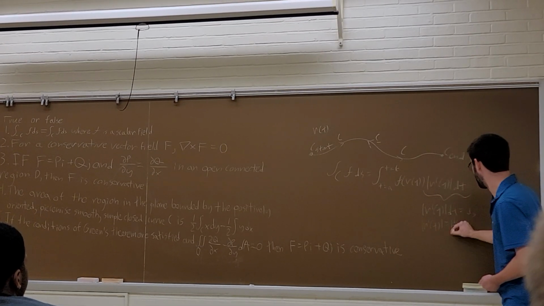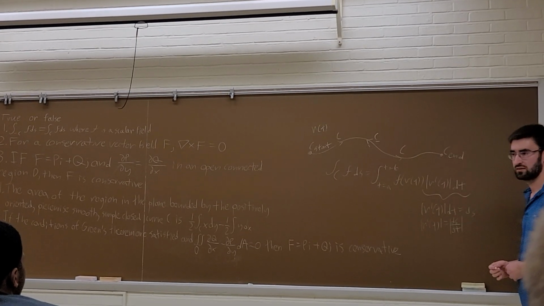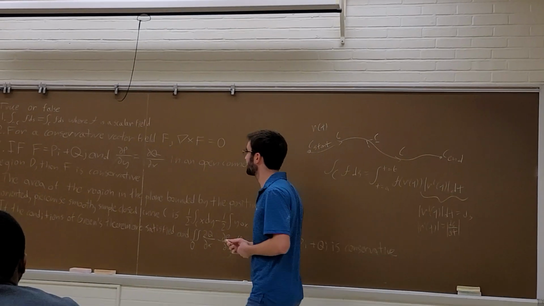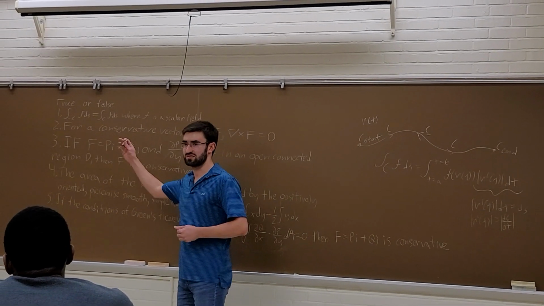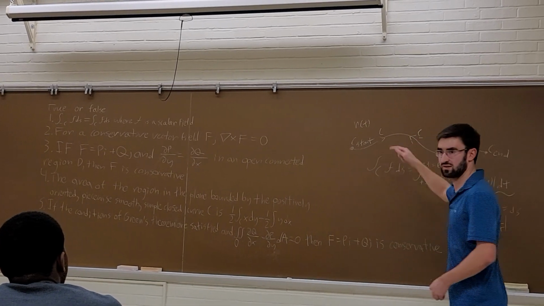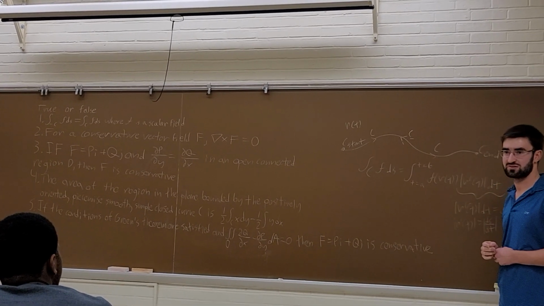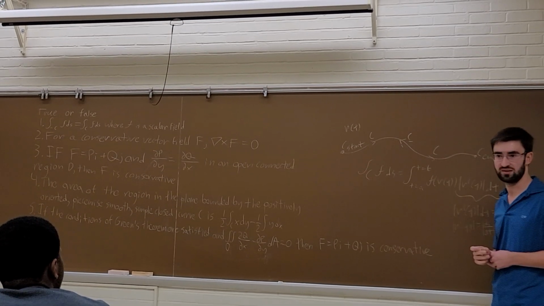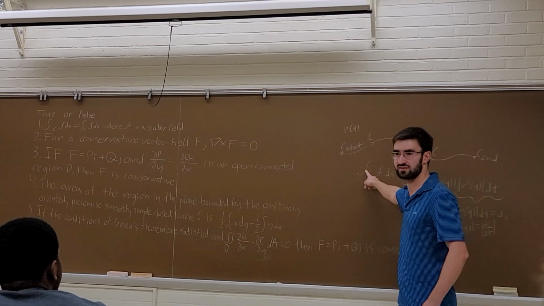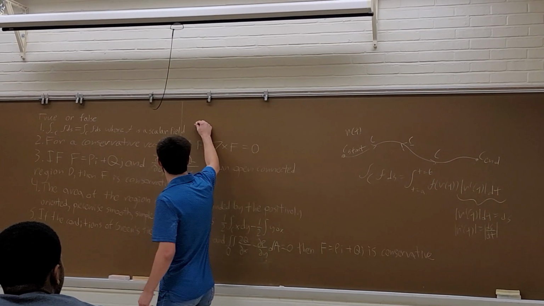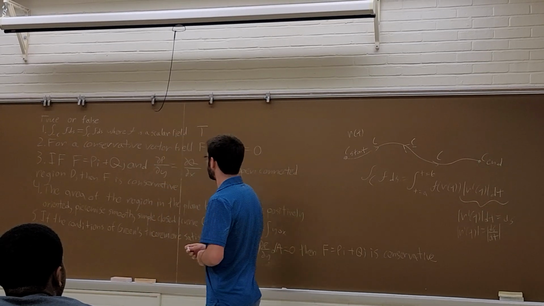So anyway, the answer would be yes, because arc length does not change in value depending on which way you integrate it, because it's a length. So it makes sense that it wouldn't matter which direction you integrate it. Other questions about that? Is that pretty clear? Okay. So here we write that would be true.